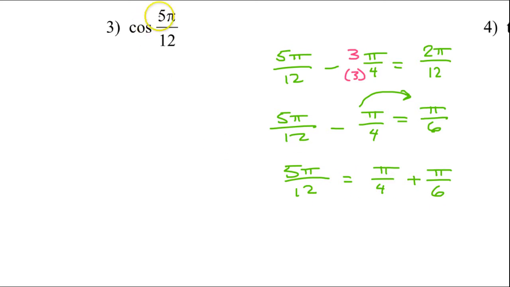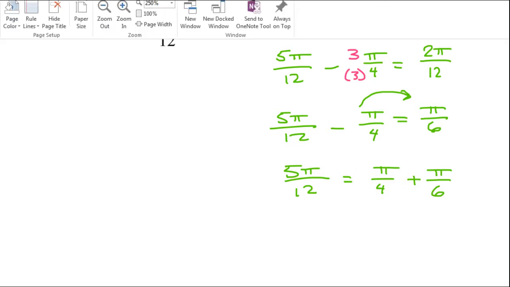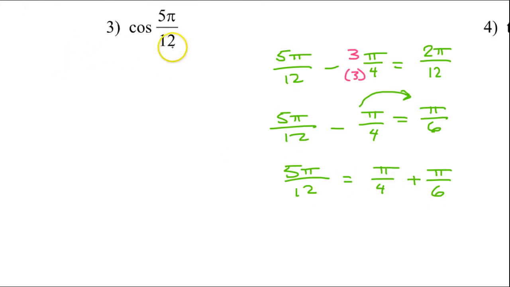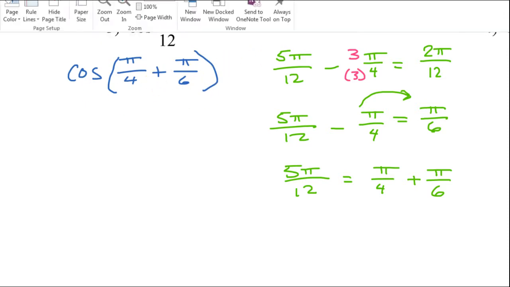So this is the fact that I will use to split these apart. So this is the same thing as having the cosine of pi over 4 plus pi over 6. Alright, so I will use this for the rest of the problem.